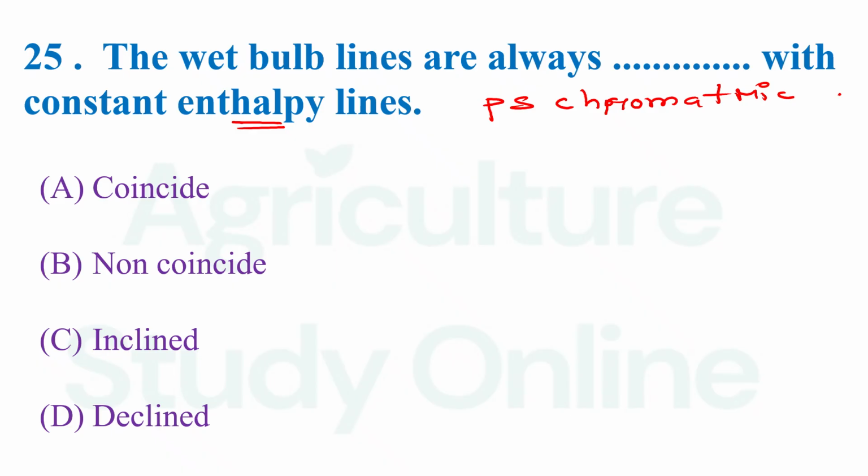That's why we say they coincide approximately. So here the correct option is A, it coincides. Non-coinciding is incorrect, inclined no, declined no. So the correct option is option A.